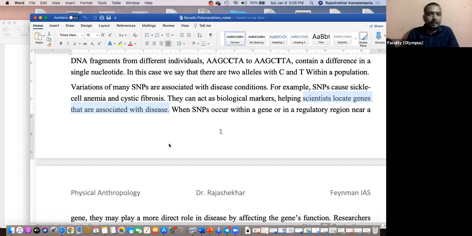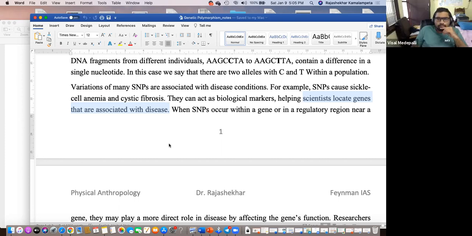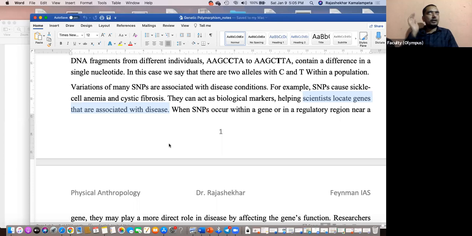And there you are not focusing on the rest of the variations. Similarly, in DNA fingerprinting, we do the same. We know that we are 99.99% similar, but we look for those regions where we are different. So we use SNPs to identify the variable regions and personally identify a person. Like, you want to know whether a DNA from the crime scene belongs to person A, person B, or person C. There is a genetic variation.